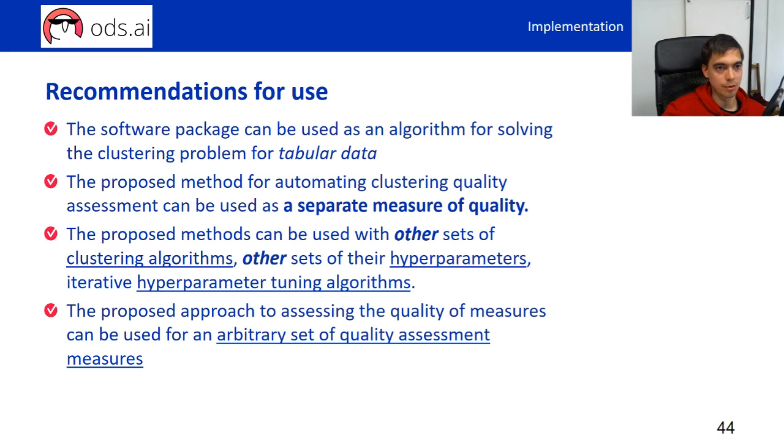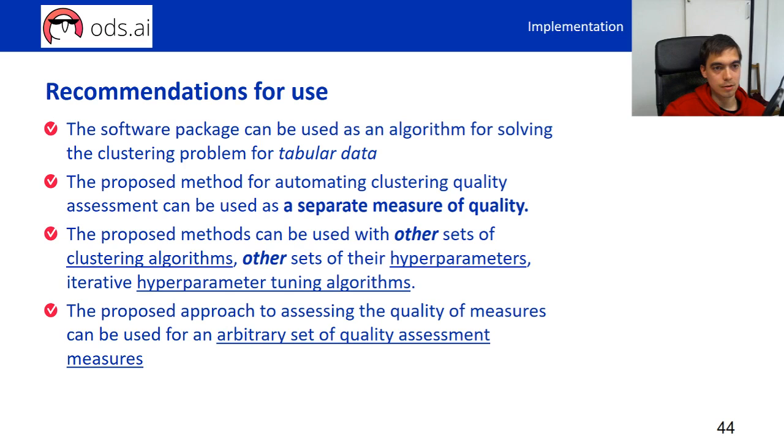This is an important thing to get rid of criticism. We present here only the approach, and we have tested one configuration. We picked several clustering algorithms, the hyperparameter sets, and the MASSCAH algorithm as a hyperparameter tuning algorithm.